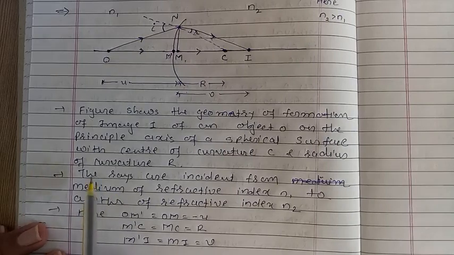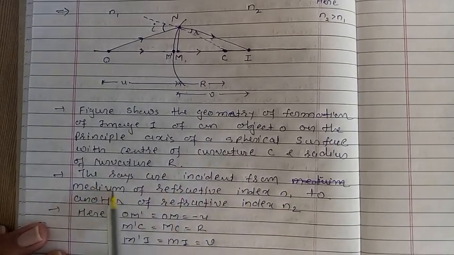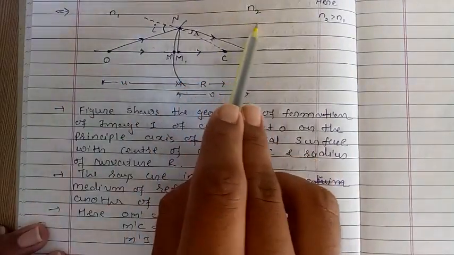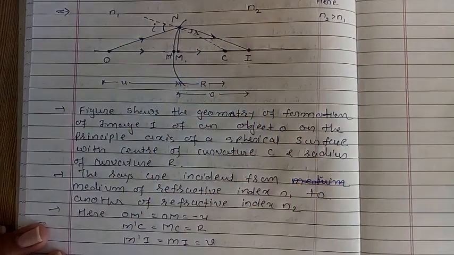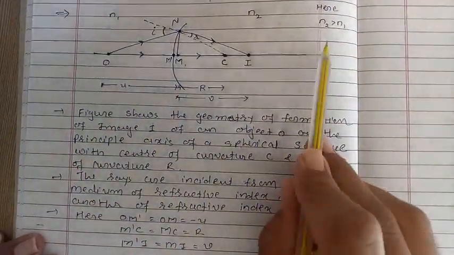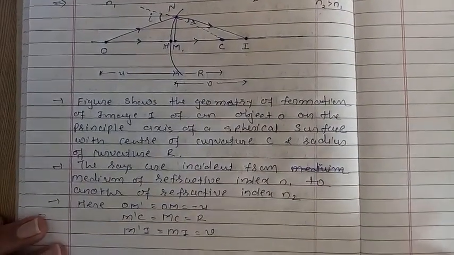We can write that the rays are incident from a medium of refractive index N1 to a medium of refractive index N2, from N1 to N2, and here N2 is greater than N1.